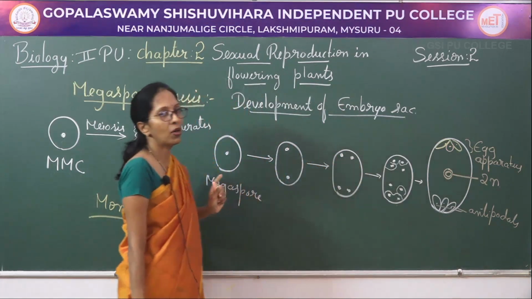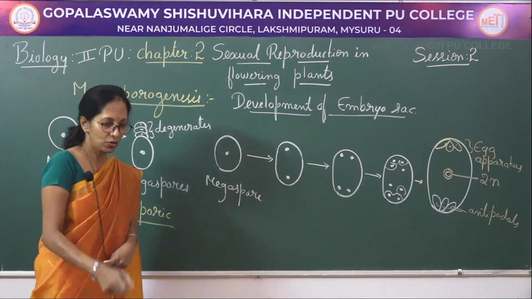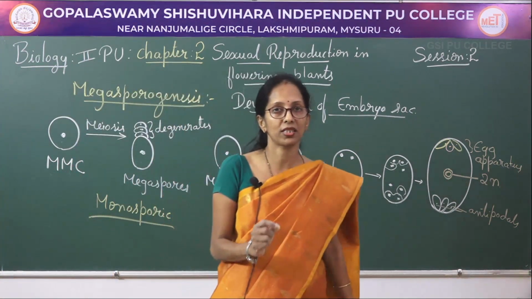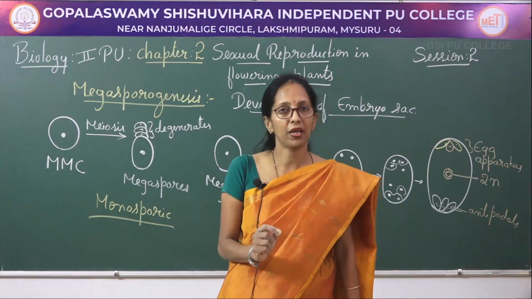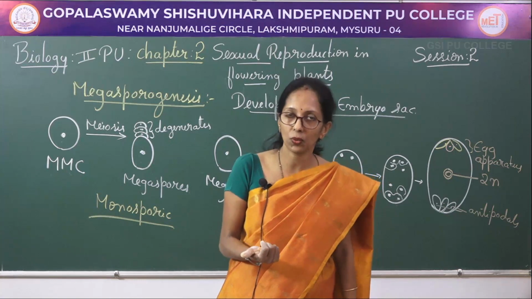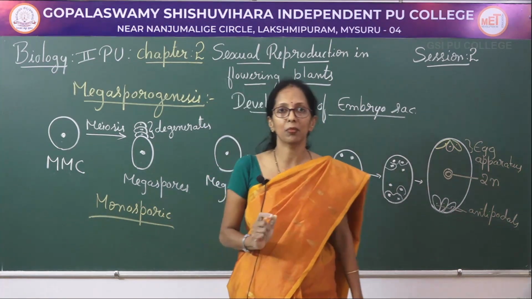So, this is about the gynoecium. The gynoecium, the female reproductive structure, consists of carpels. Each carpel consists of an ovary, which contains ovules, an elongated style, and the terminal stigma.